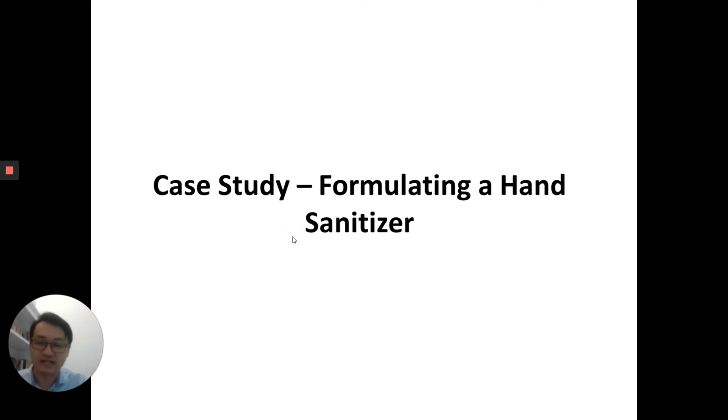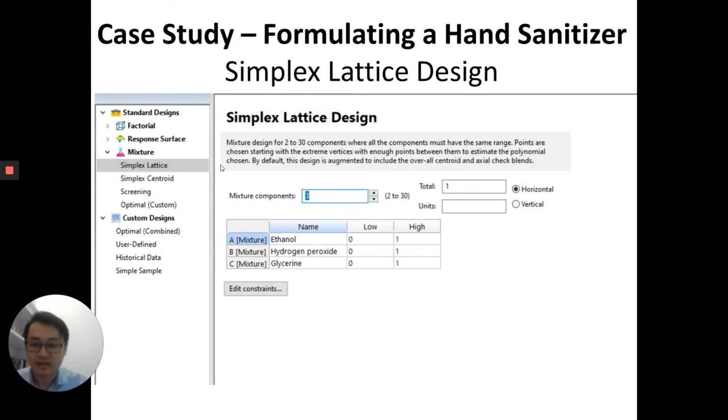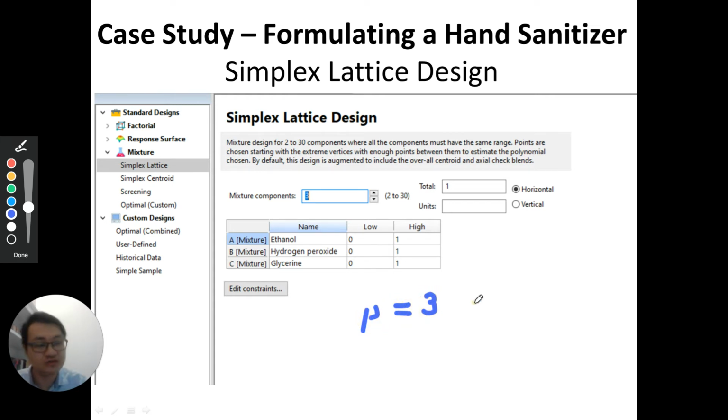So for a case study, if you want to formulate a hand sanitizer as an example, and you choose P equal to 3, and we choose the proportion, the n equal to 3, so that we have 4 proportions in here.